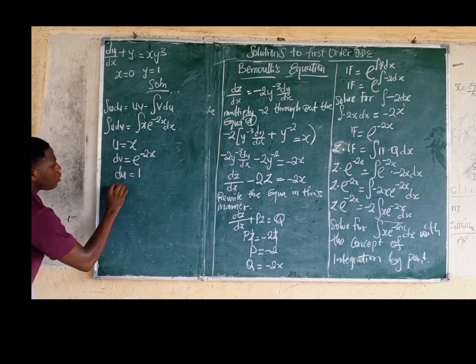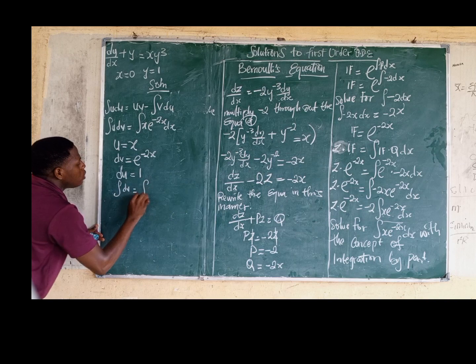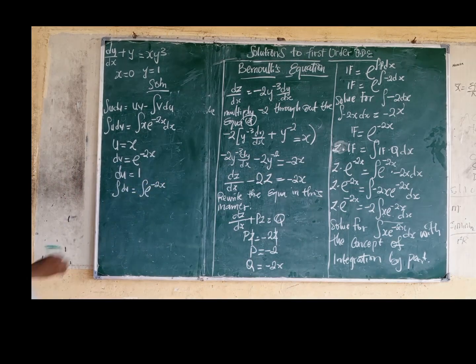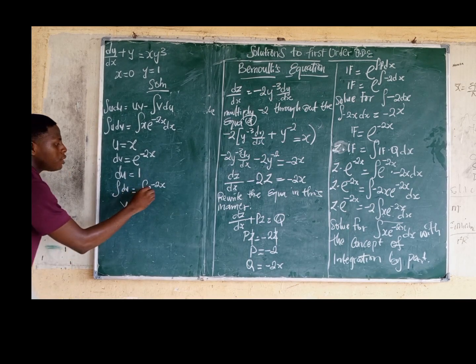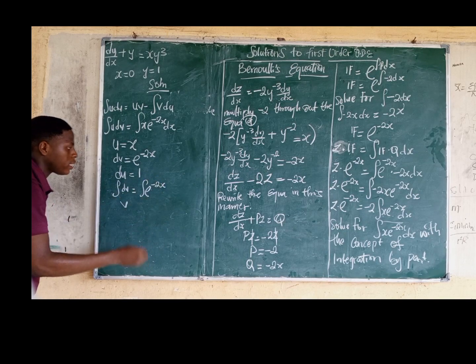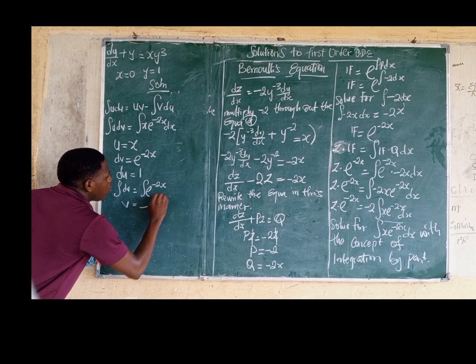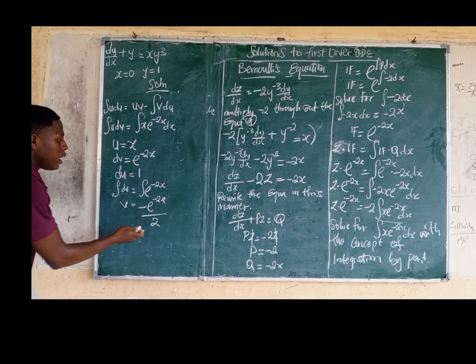The integral of dv is equal to the integral of e^(-2x), so v is, if we integrate e^(-2x), minus e^(-2x) over 2. This is basic integration.